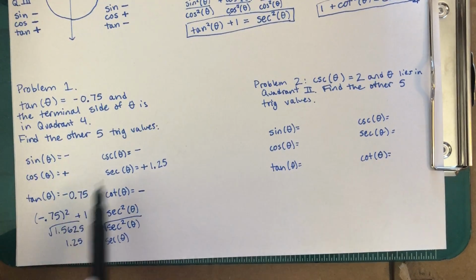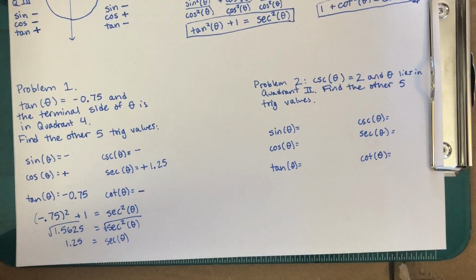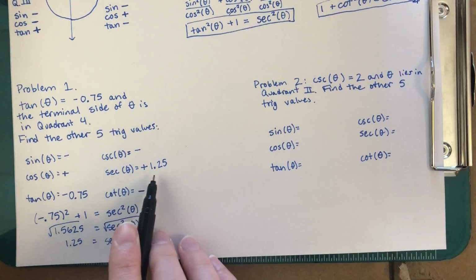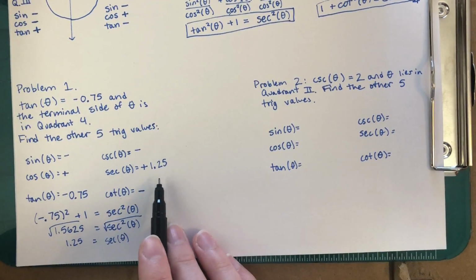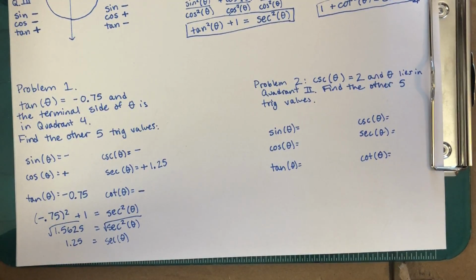But we already figured out what the signs should be using the quadrants and the unit circle. Okay, so I know that this is 1.25. I also know, so now I've got two values filled in. So I'm making good progress. Let's keep going.